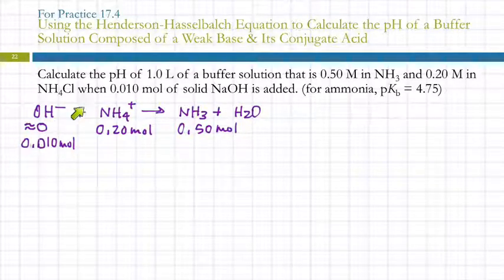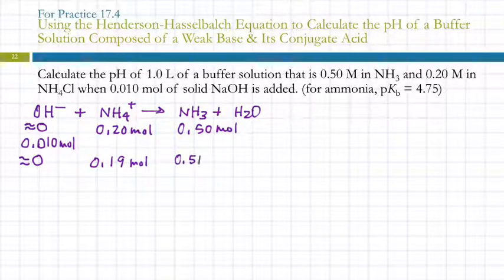So this is going to react with the ammonium ion, right? All of this is going to react. So after that reacts, we're back to approximately 0 for that. We're going to lose 0.01 moles of that. Right? So we'll end up with 0.19 moles of ammonium. Did I do that right? And then we're forming an additional 0.01 moles of the ammonia. Okay?